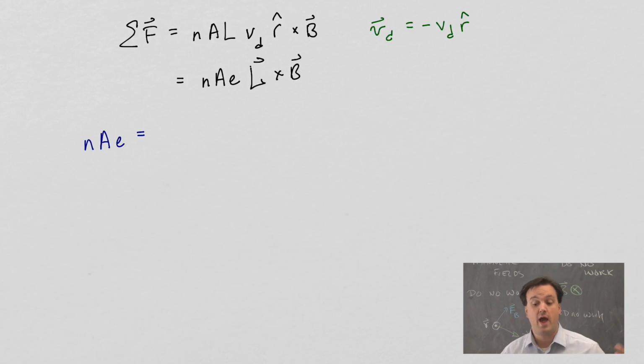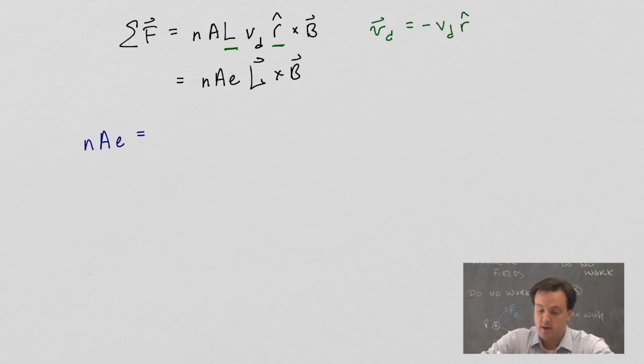Okay, so that's where the r hat now enters into this symbol. But now that I have an L and an r hat in the definition of this force, I can pull them together into that L vector. And the last pesky thing that I'm left with is this number density times the cross-sectional area times the electric charge.